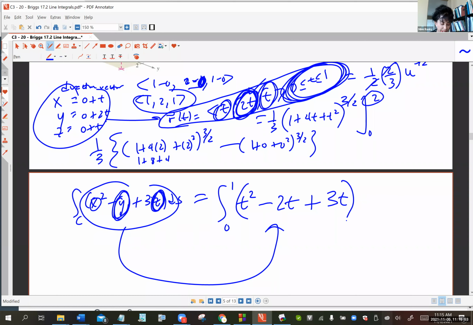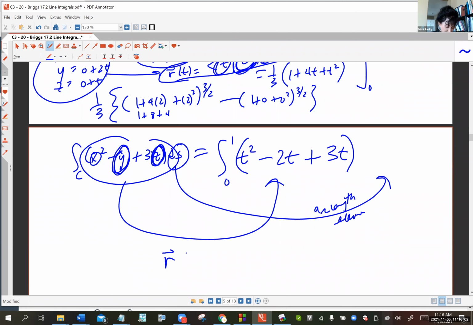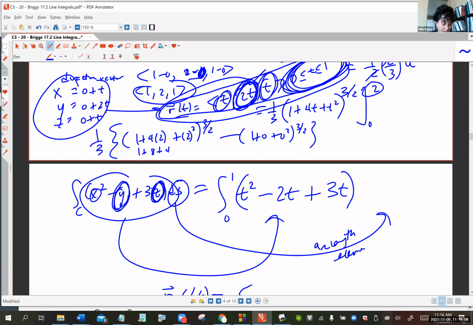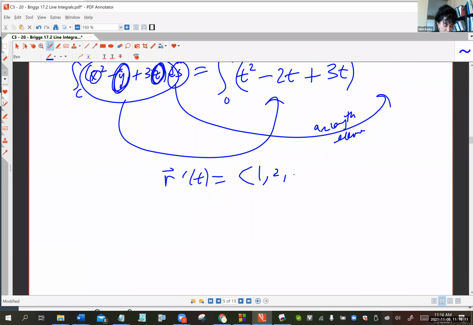And then you're not done because this ds is an arc length element. Oh no. So we better go get r prime. Now this is not too bad because r prime for our straight line is going to be a constant vector, 1, 2, 1.